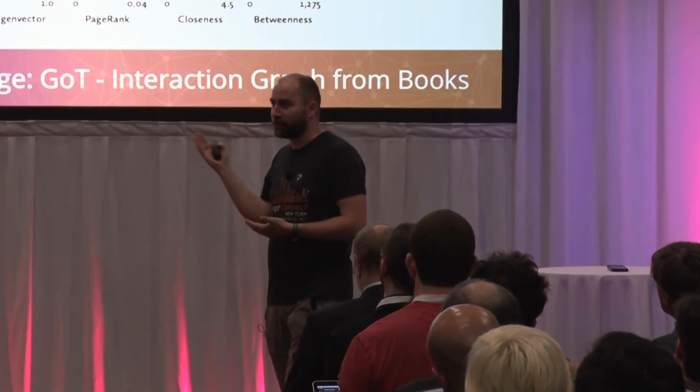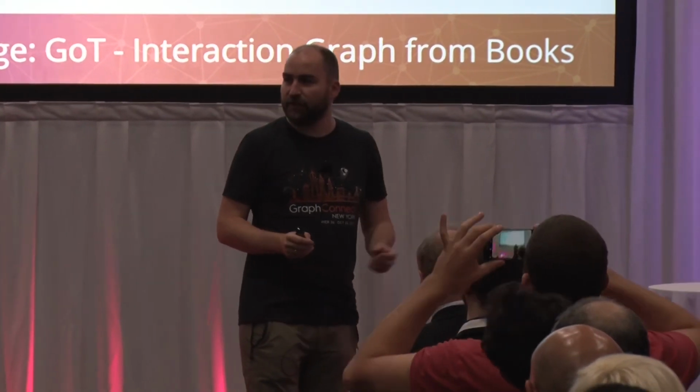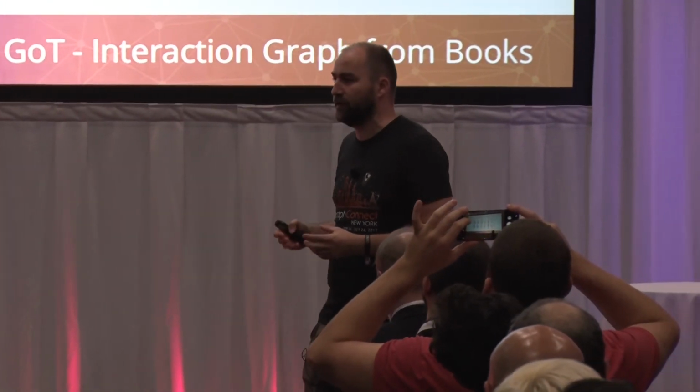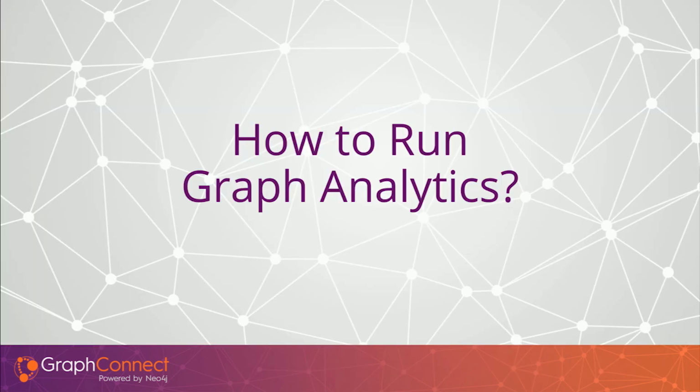The algorithm can infer who are the important people, who connects other people, which clusters exist in this story network. And that was for me really an epiphany to see, even without knowing anything about the domain, such an algorithm can reveal a lot of insight about that. And that was quite interesting.